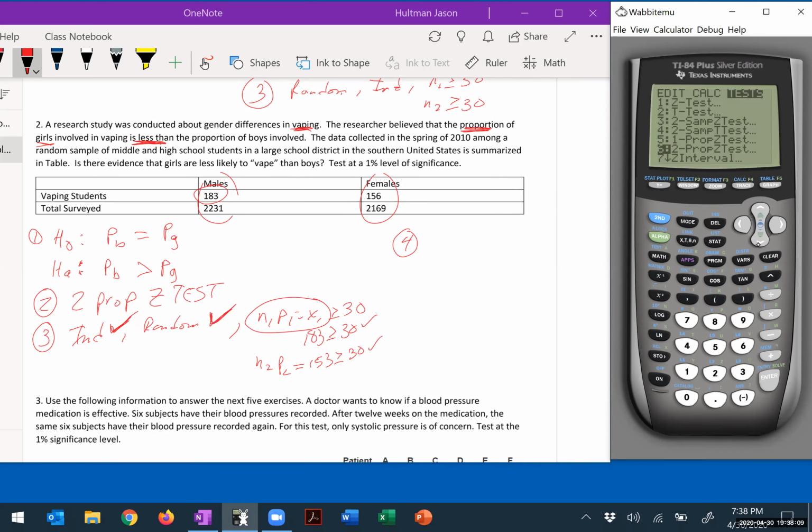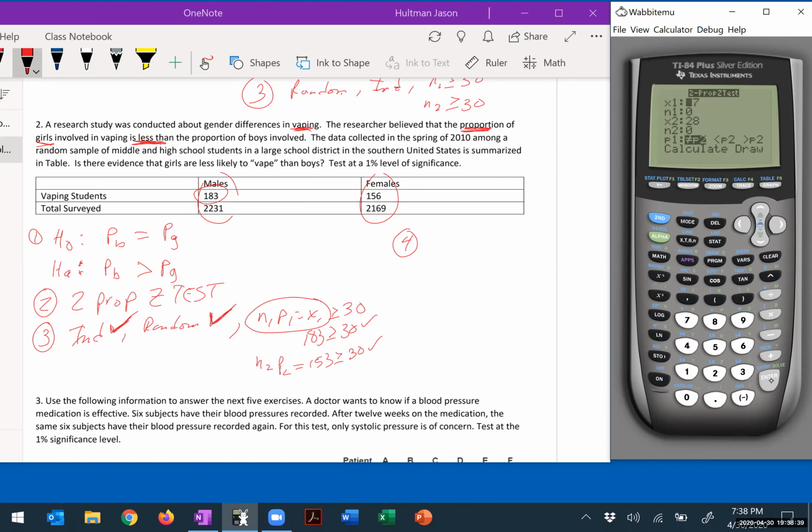On StatCrunch you just do prop, and then 2 sample, and then summary.